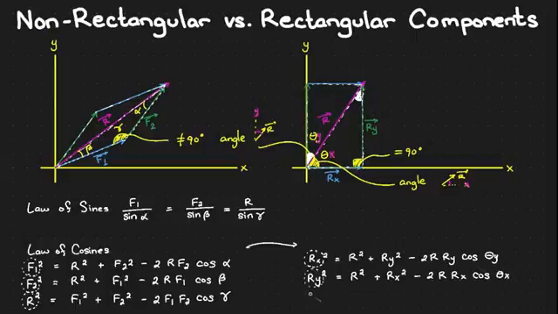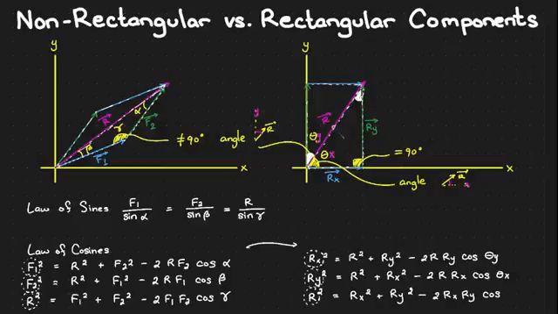Finally, the third side in that same triangle is the resultant. According to the law of cosines, r squared is equal to, remember, you just place a side on the left side of the equation, and the other 2 sides should be on the right. So therefore, r squared is equal to rx squared plus ry squared minus 2 times rx times ry times cosine of the angle that is opposite of the resultant.